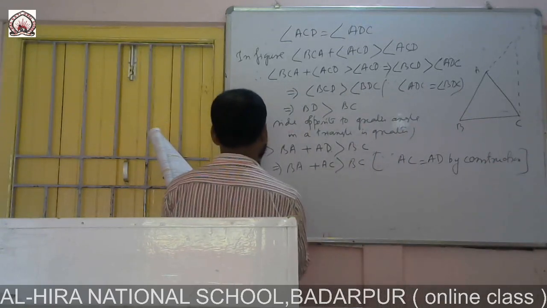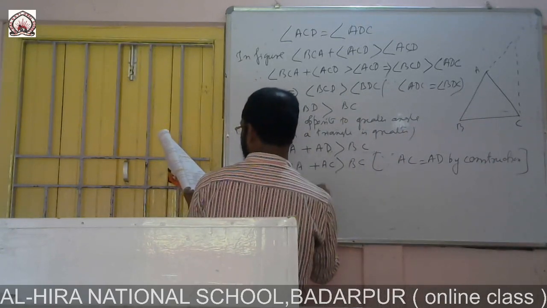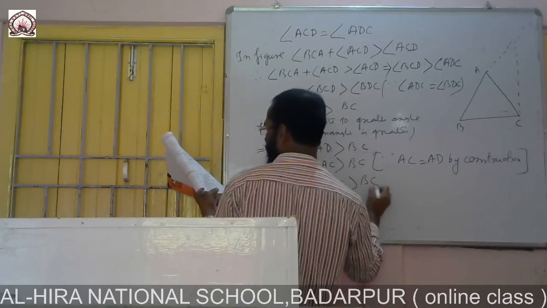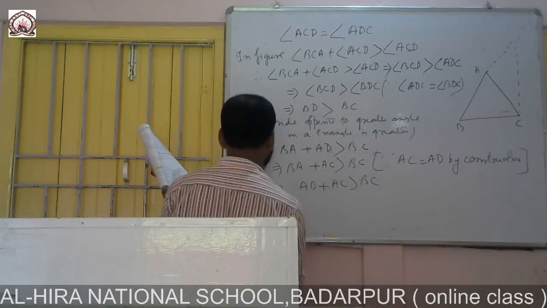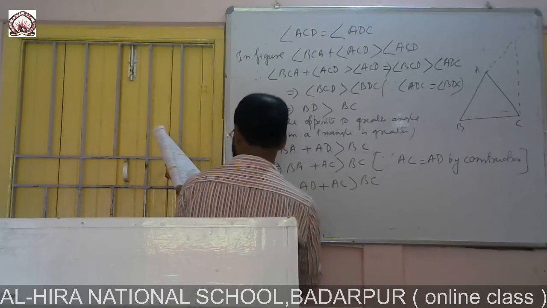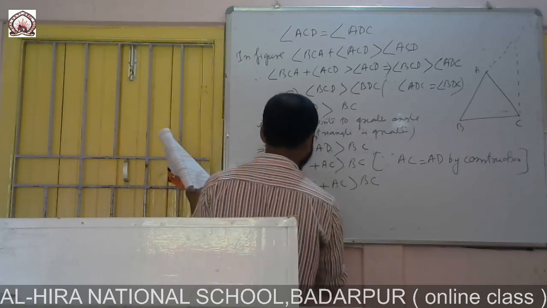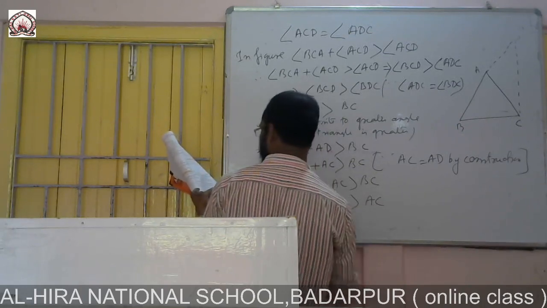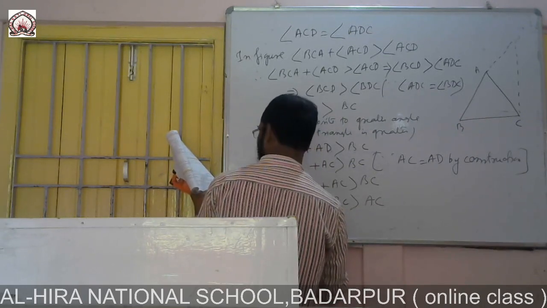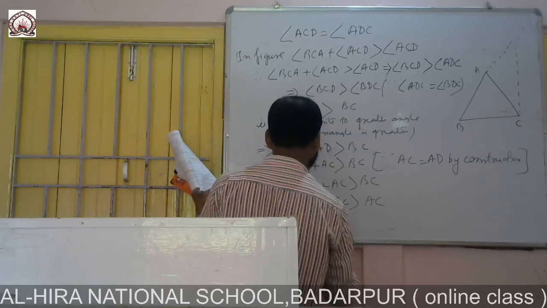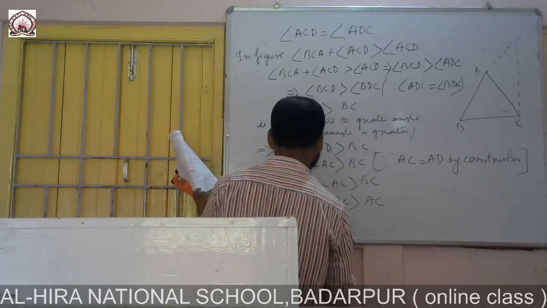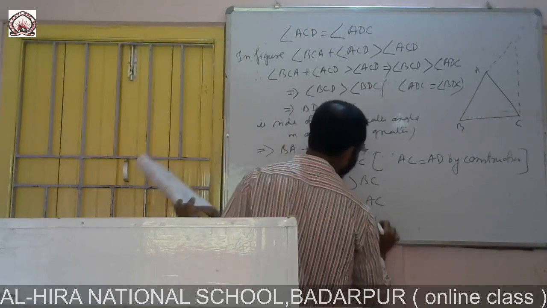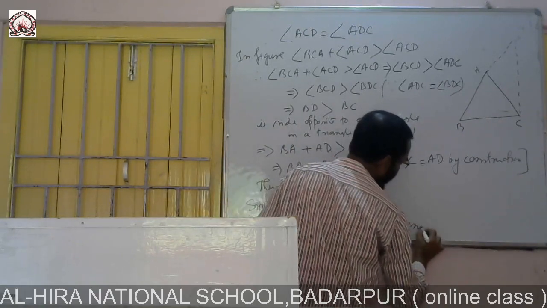Thus AB plus AC is greater than BC. Similarly AB plus BC is greater than AC, and BC plus AC is greater than AB. Hence proved.